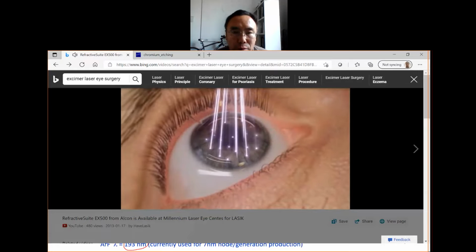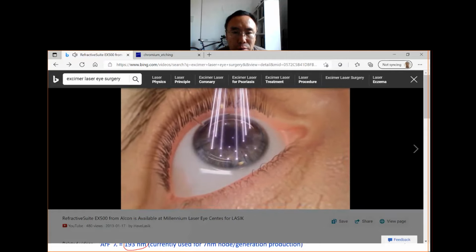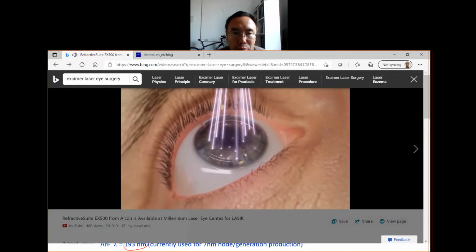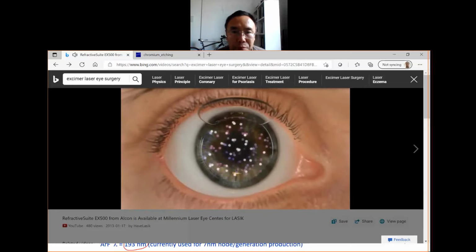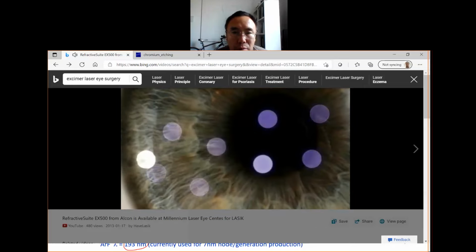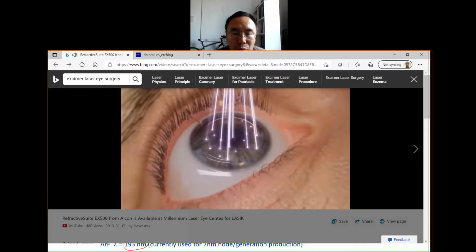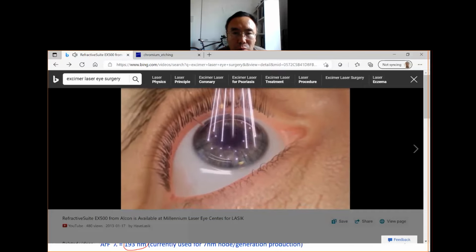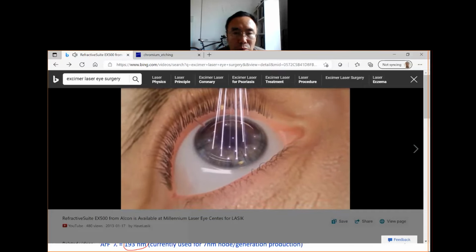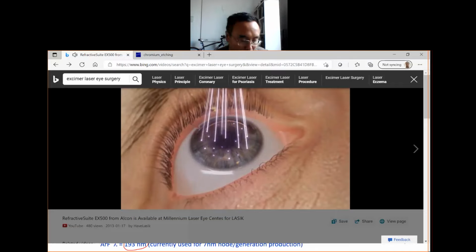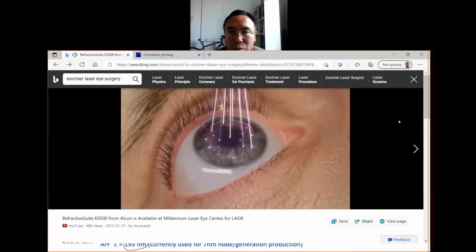The Wavelight EX500 excimer laser maintains a high pulse frequency with a minimized thermal load, allowing only 1 in 5 pulses to overlap. This allows the treated area of the eye to cool before receiving additional pulses from the laser. This treatment algorithm provides a market-leading treatment rate of approximately 1.4 seconds per diopter. Designed to automatically track movements of the eye with a latency time of just 2 milliseconds, the Wavelight EX500 excimer laser automatically adjusts pulse placement to provide patients with exceptional precision and safety.